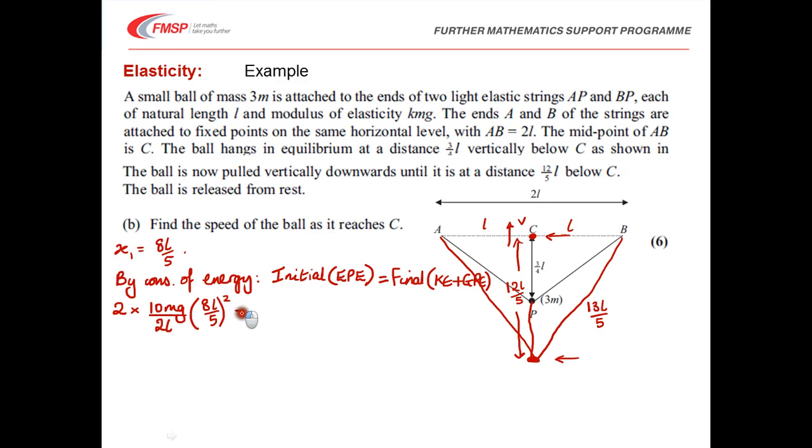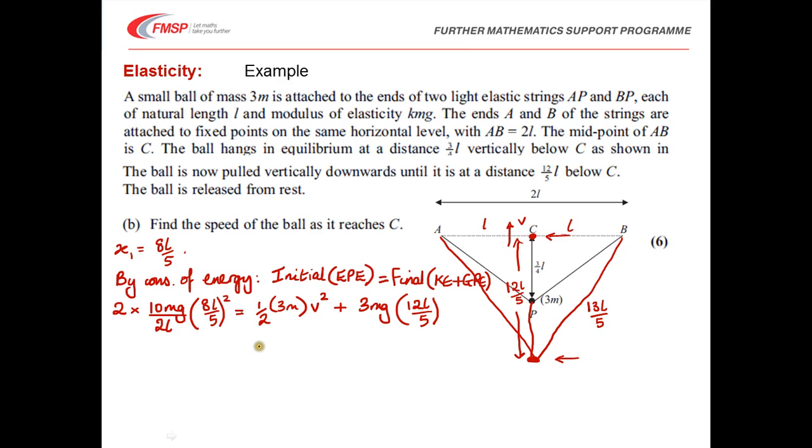That gives us an expression for our elastic potential energy. Our final kinetic energy is going to be half times 3m, remember the mass of the particle is 3m, times v squared, that's the v squared that we're looking for. And our gravitational potential energy is going to be 3mg times the height it's risen through, which we know is 12L over 5.